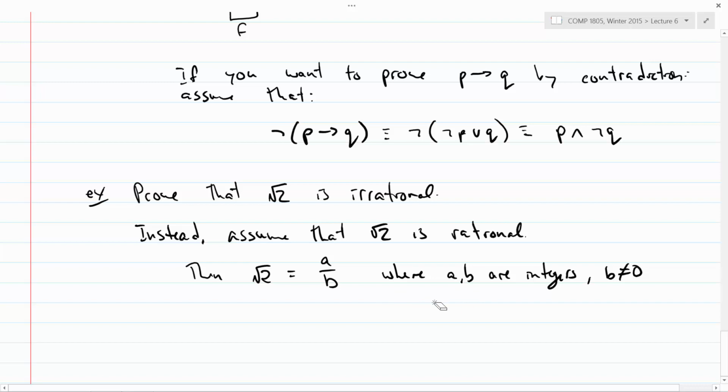So I'll just say, and a and b are in lowest terms. Is that fair? It's rational, so it's some fraction, and I'm saying this is the fraction in lowest terms. If there's only one fraction, then it's that one. But if there's more than one fraction, it's the one in lowest terms. Does everyone agree that I'm allowed to do that? Does anyone think I'm not allowed to do that? Okay, so I'm allowed to do that by popular opinion.